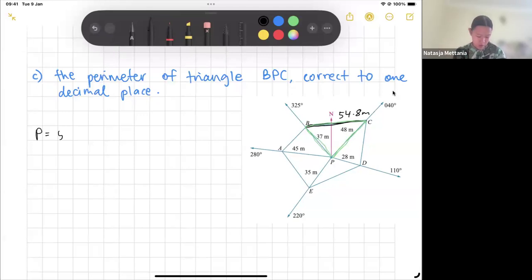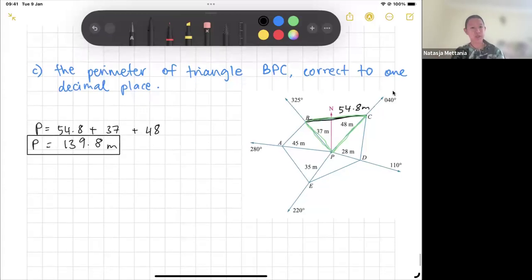So I'm going to do 54.8 plus 37 plus 48, and that should give you, in the calculator, 139.8 meters. That's it.